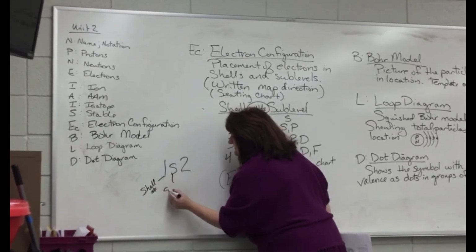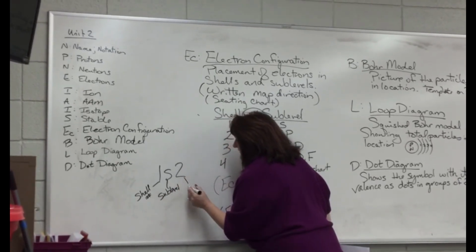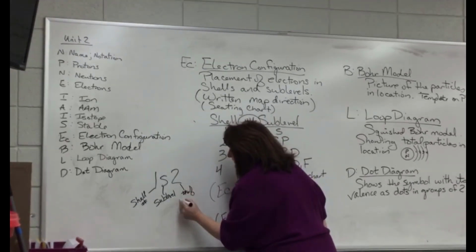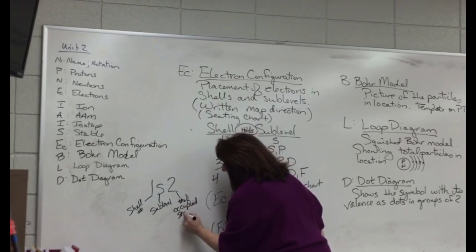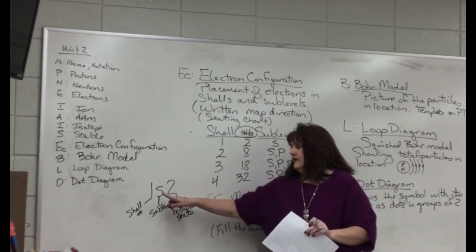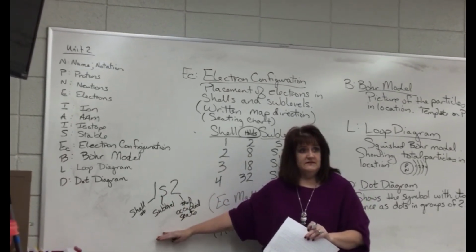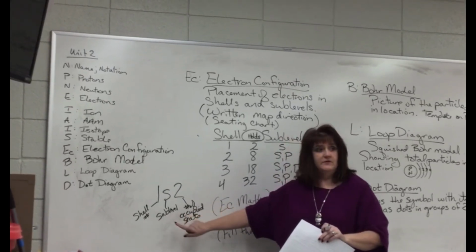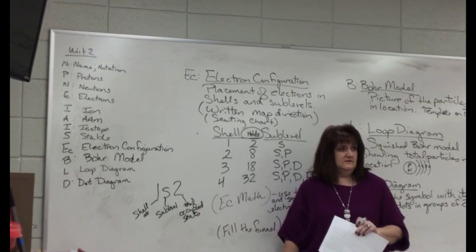The S is the sub-level. And the last two is the number of occupied seats. That's the format of the electron configuration: the shell number, the sublevel, the number of occupied seats.